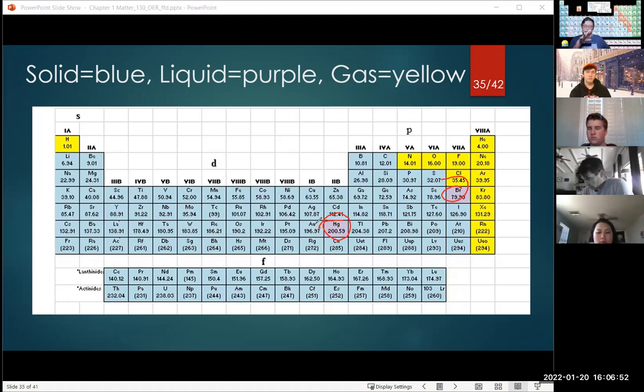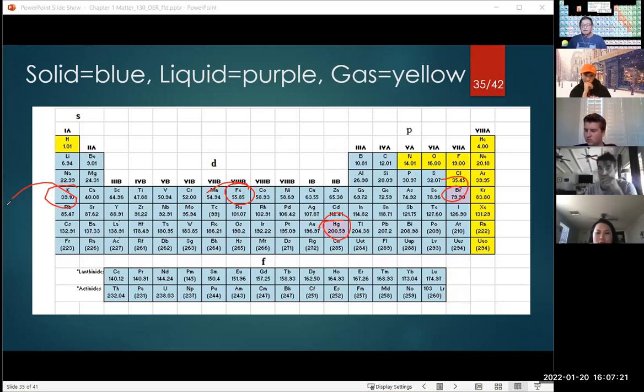Okay, so once you got those set, automatically you can pick any element given to you, let's say iron's right there. I ask you, what's the physical state of iron? Well, it's a solid. What's the physical state of potassium? Right there, find potassium, it's a solid.